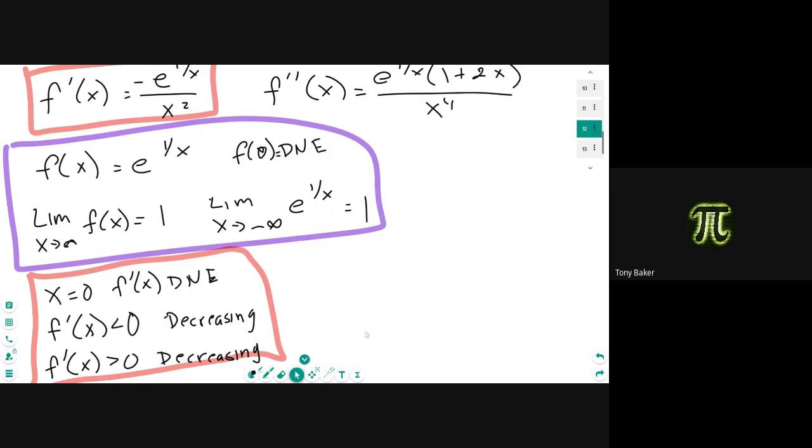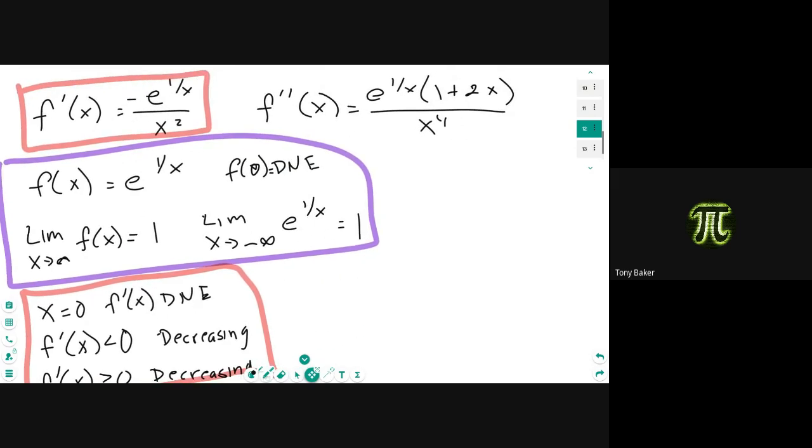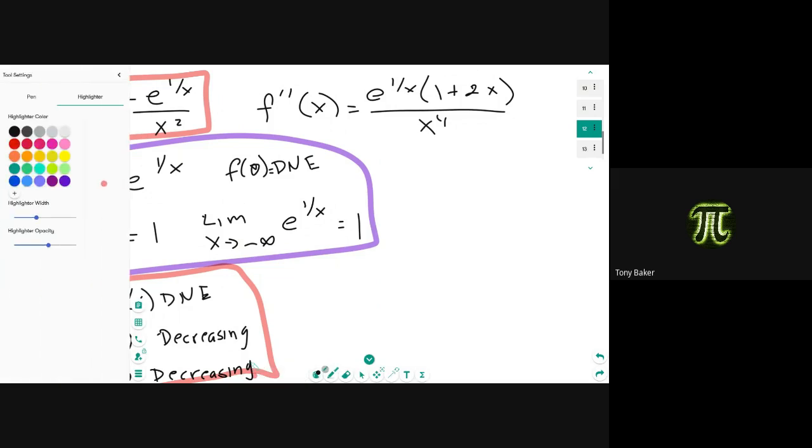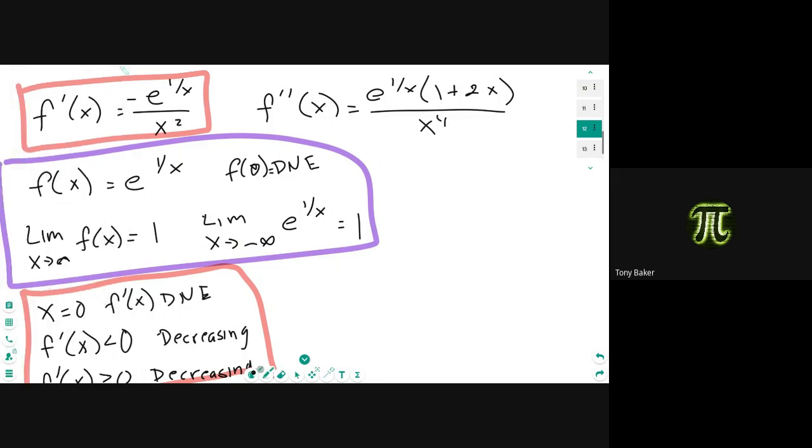Now let's look at the second derivative stuff. So where is this going to be 0? So the bottom is at 0, right?